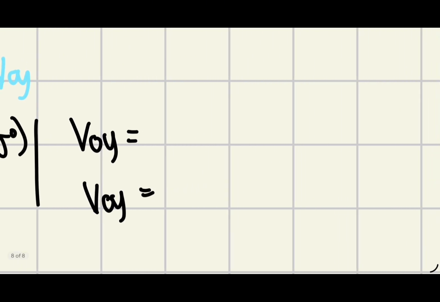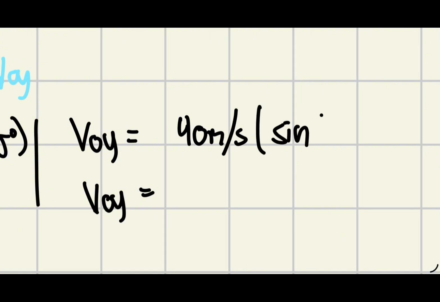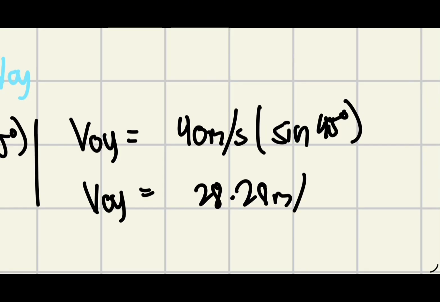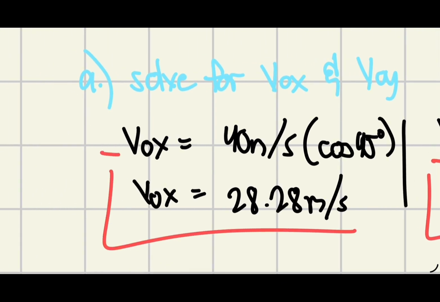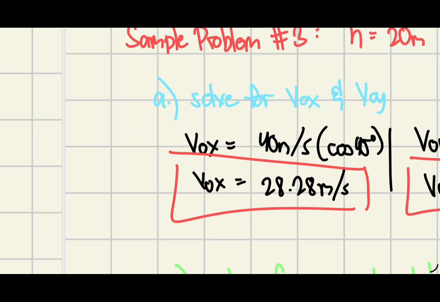And then for the vertical component, that is just 40 meters per second multiplied by sine 45 degrees, which just comes about to 28.28 meters per second. That's for our vertical and horizontal components of the initial velocity.